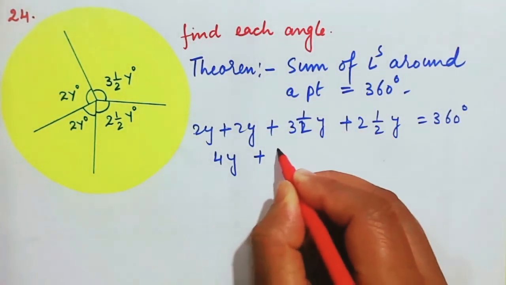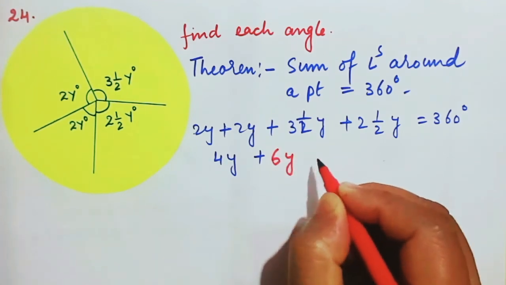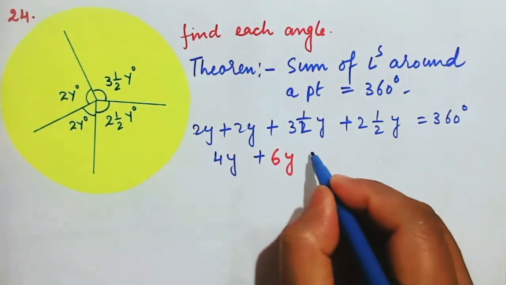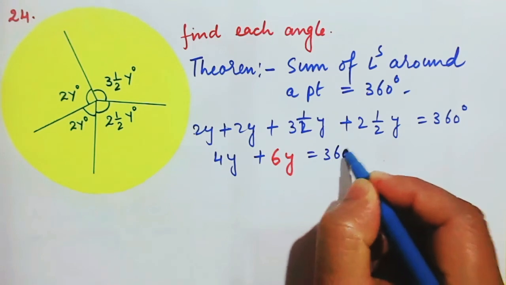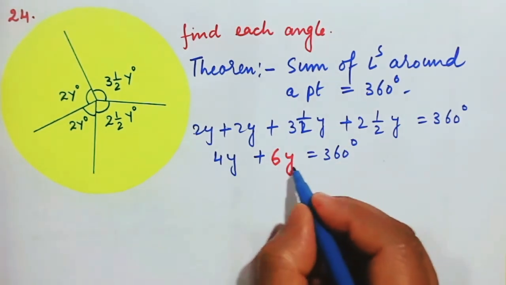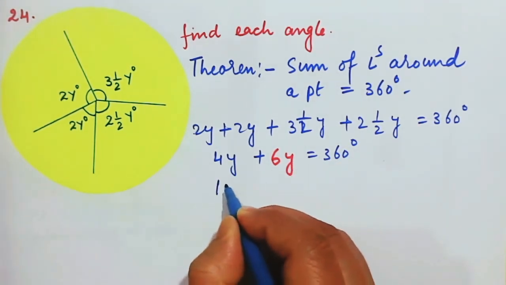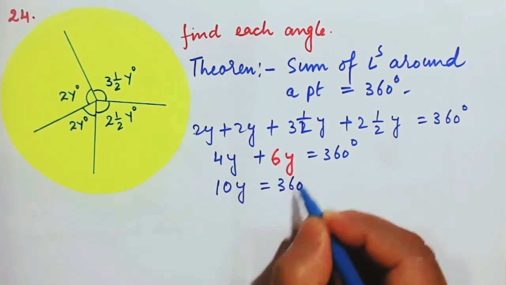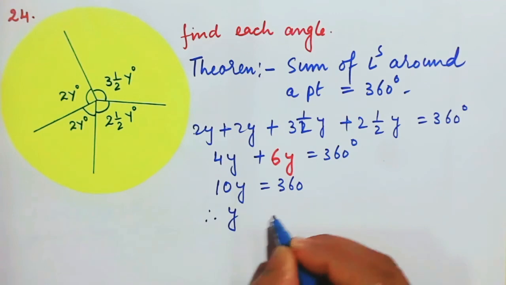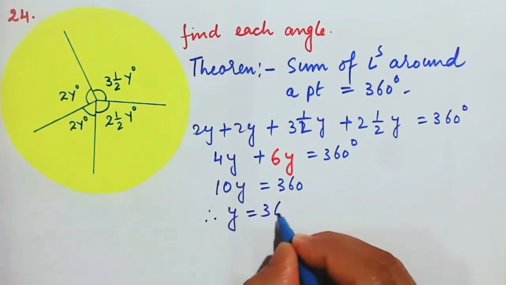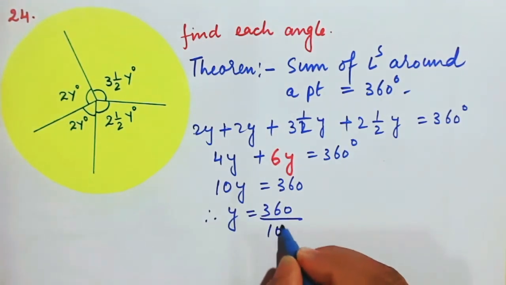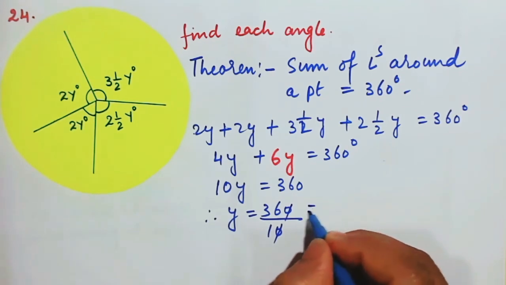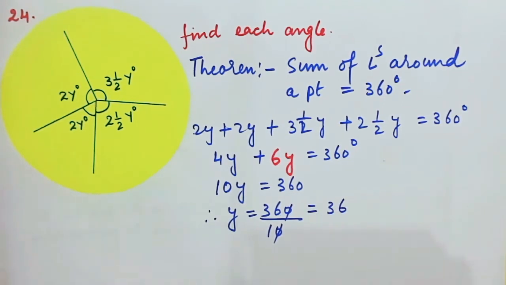Therefore 5 plus 1, 6y will be equal to 360 degrees. Now 4y plus 6y is equal to 10y is equal to 360. Therefore y will be equal to 360 divided by 10, which is 36.